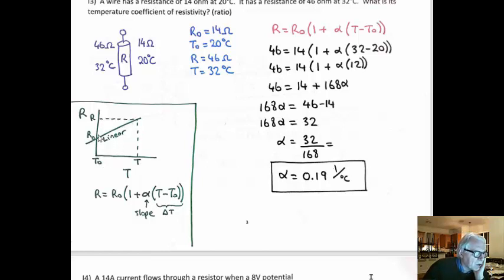This is a straight line, so there's a slope to it. And what I can say is that my final resistance R must equal wherever I began, R0, plus the slope times this temperature interval. So it's alpha times T minus T naught.